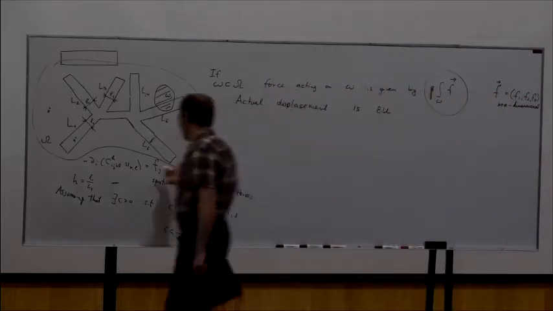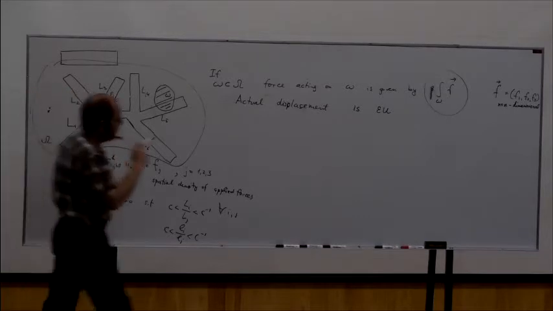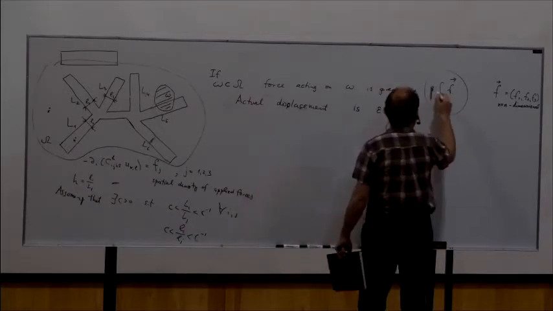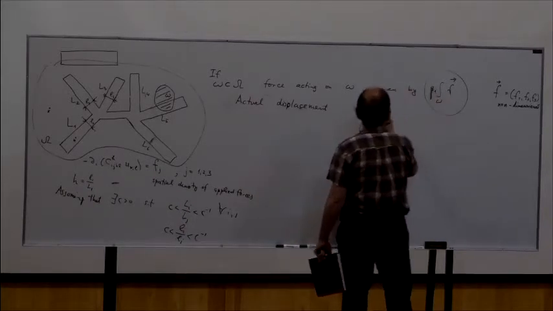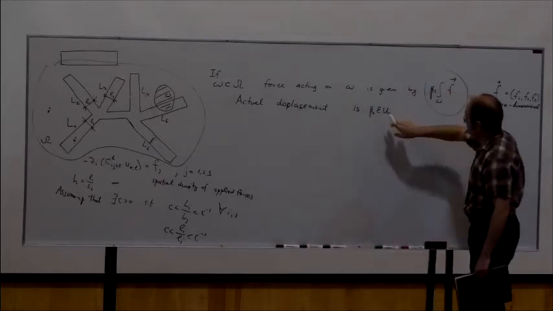So in the equation which you analyze, all quantities are non-dimensional, and so the actual displacement is... So if this is some beta 1, then there is some beta 2 here, such that u is non-dimensional.